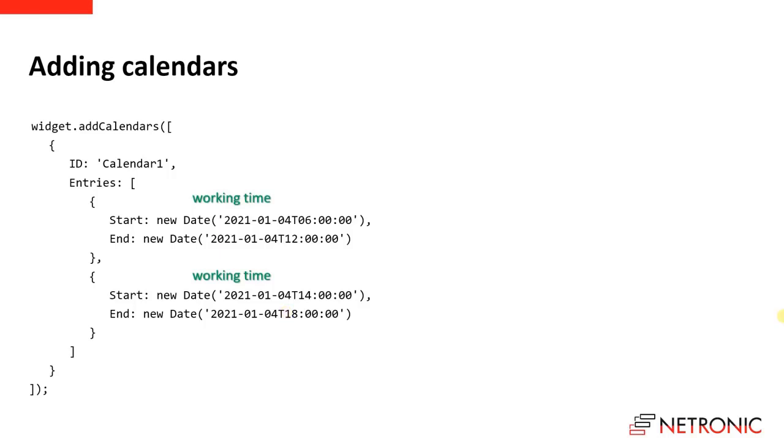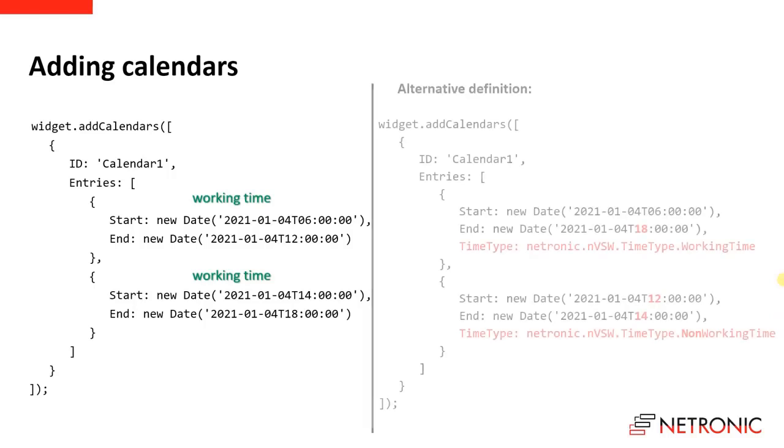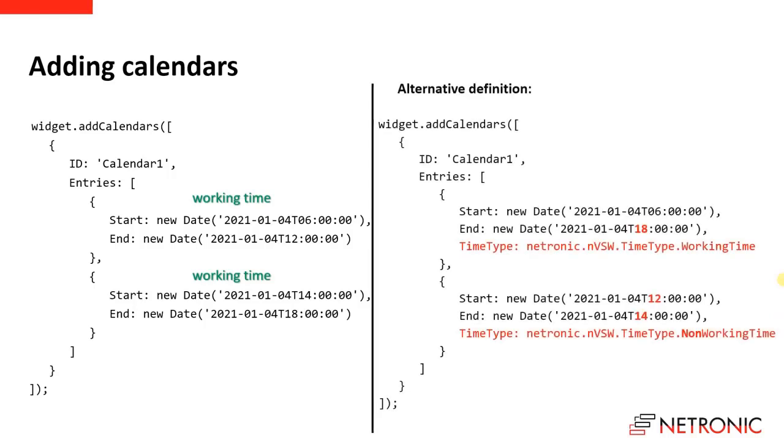To give you the full flexibility, you can also define the time types of the entries explicitly. Here we see an alternative definition of the same calendar, and this time we have used the time type. The first entry is now defined from 6 a.m. to 6 p.m. and it has the time type working time.